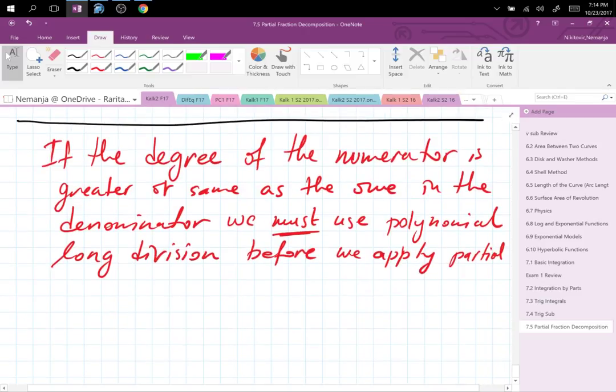All right, so if the degree of the numerator is greater or same as the one in the denominator, we must use polynomial long division before we apply partial fraction decomposition.